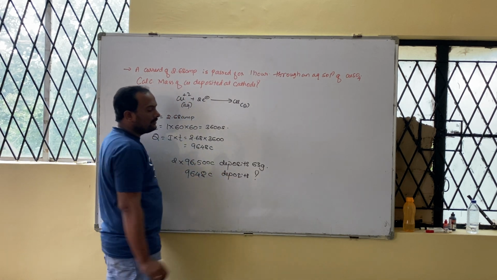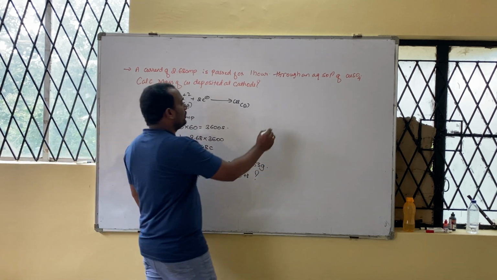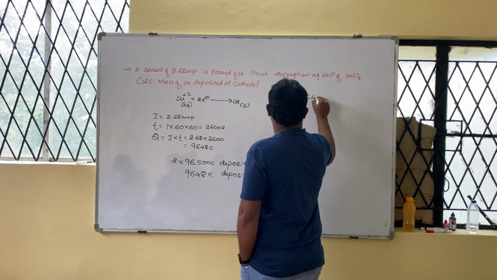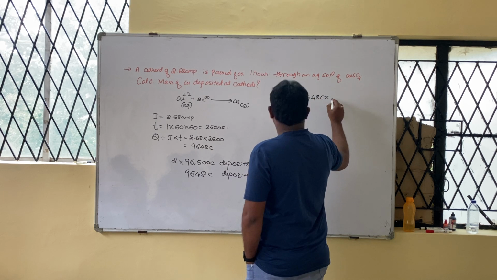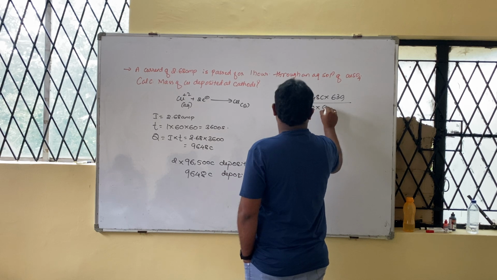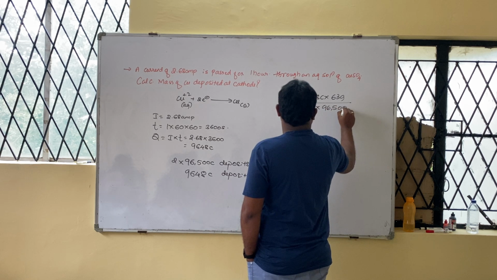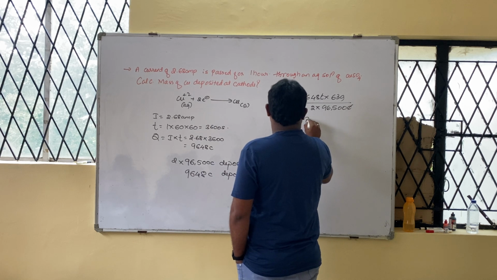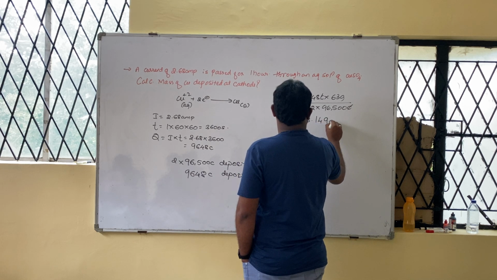Question mark. Correct? So W is equal to 9648 coulomb into 63 gram divided by 2 into 96,500 coulomb. Coulomb will get cancelled. W final answer, 3.149 gram.